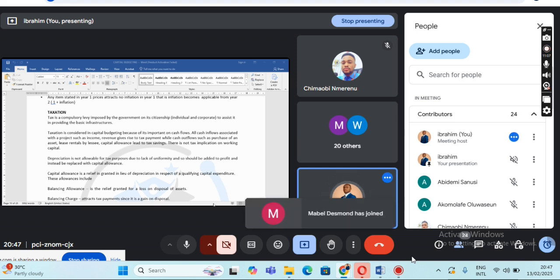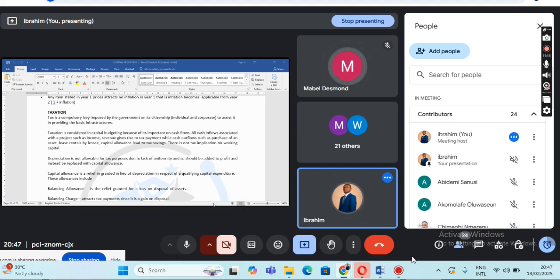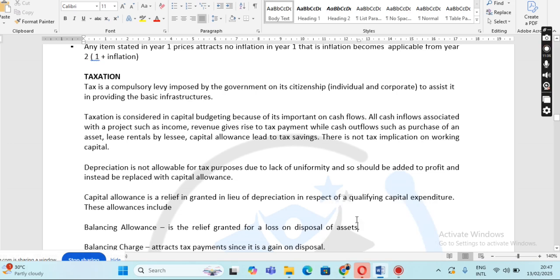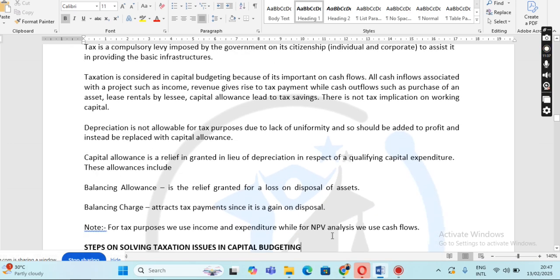Chimobi automatically makes a loss of 40 naira, and that is what we call a balancing allowance. Now, the relevant tax authority will grant you a tax saving on that capital allowance because you make a loss on that particular investment. That is what brings about tax savings under the capital budget.